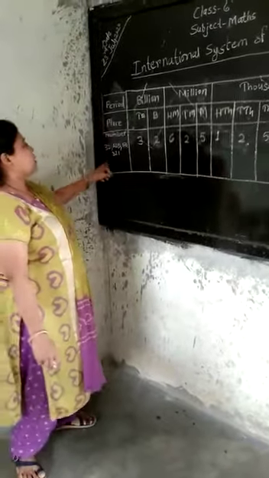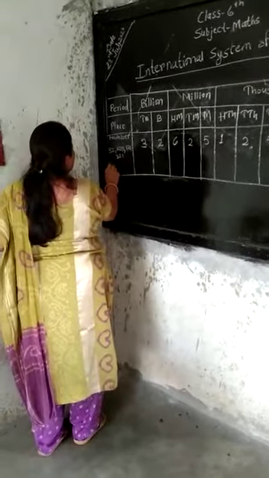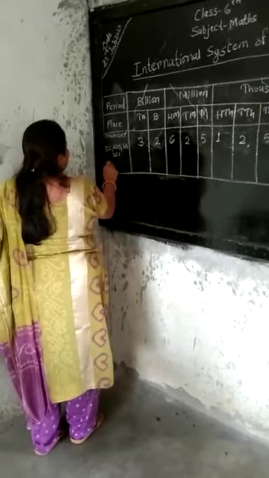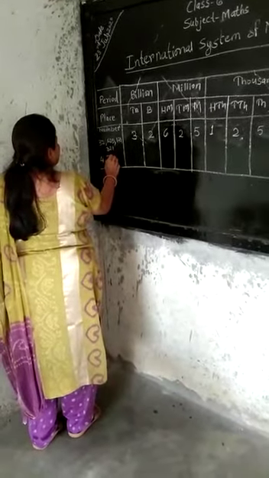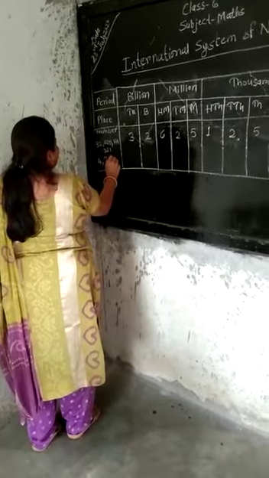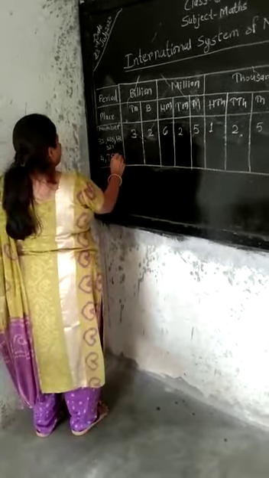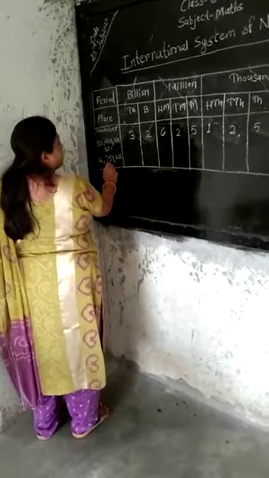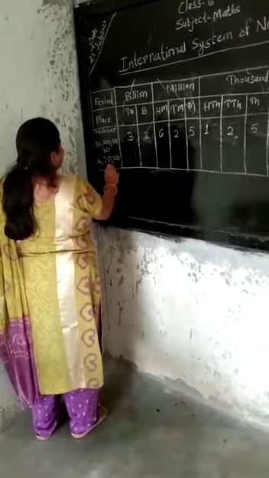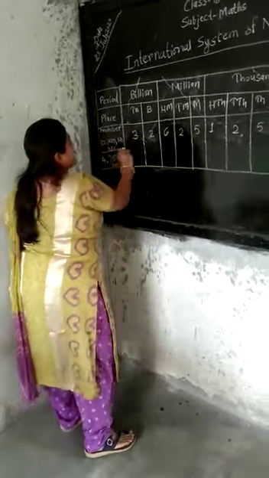Now we take another example: 4 billion 751 million 231,251. You have to write this. This is the first example and this is the second example.